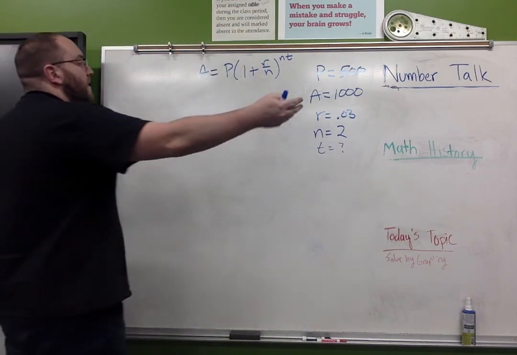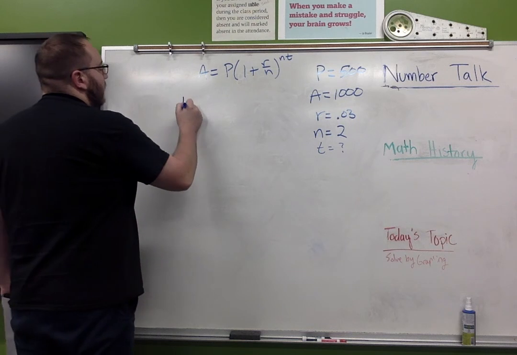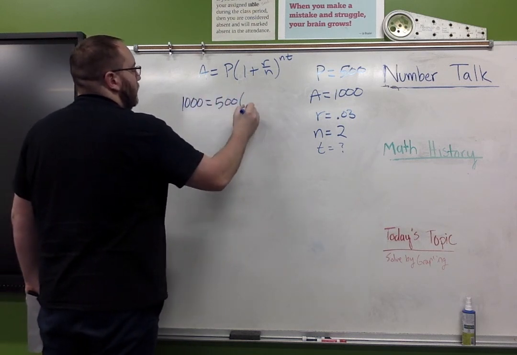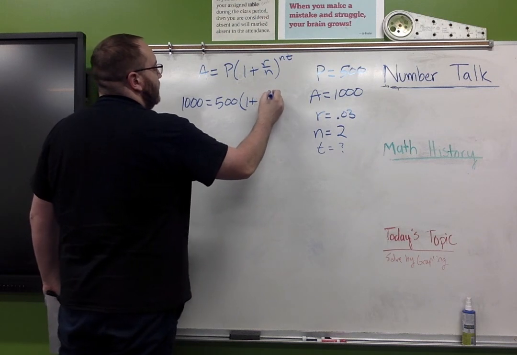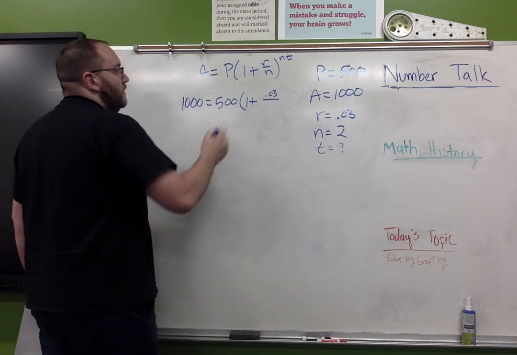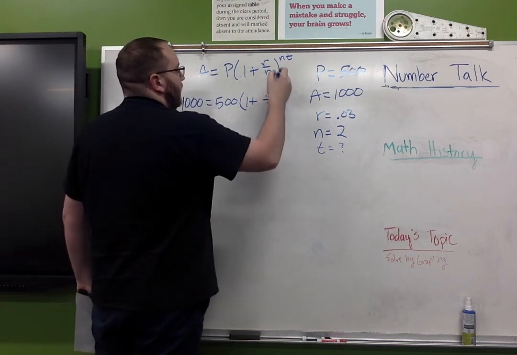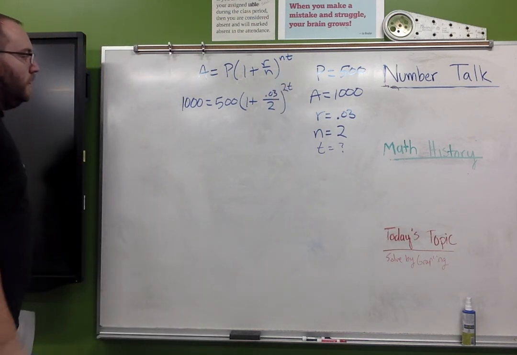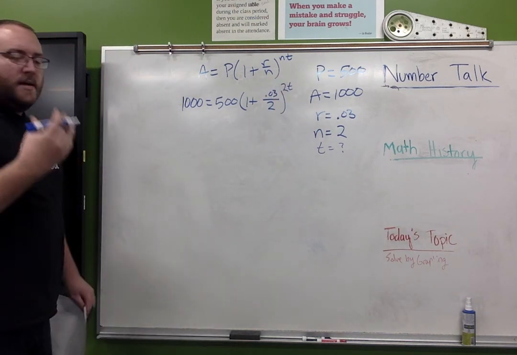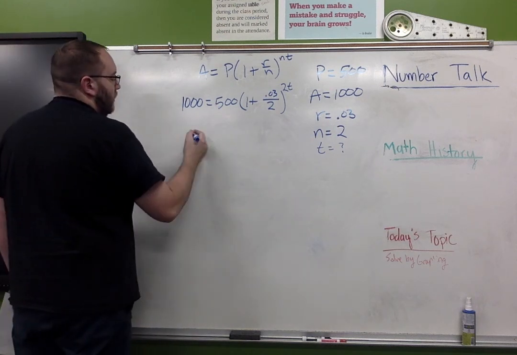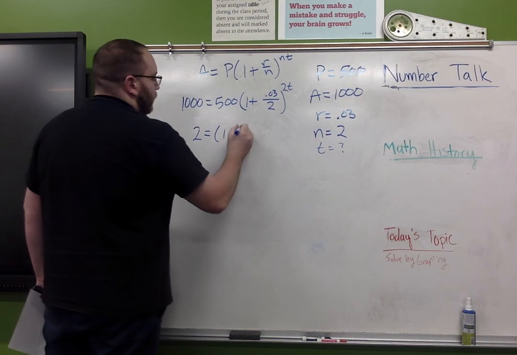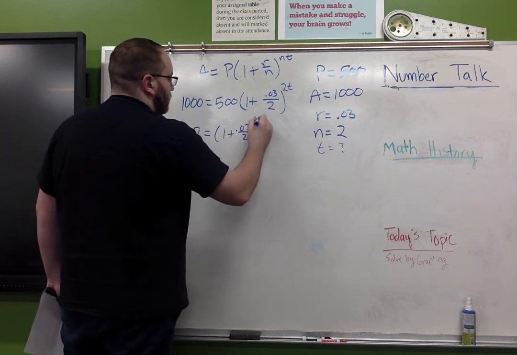So I'll just take my numbers and plug them in. A is 1,000. P is 500. 1 plus R is 0.03 over N is 2. And then N is 2 again, and then times T. So first things first, reverse PEMDAS. I got to divide by 500. So 2 is equal to 1 plus 0.03 over 2 to the 2t.